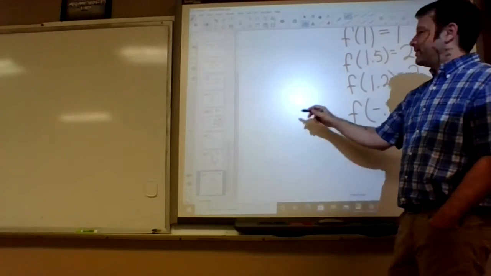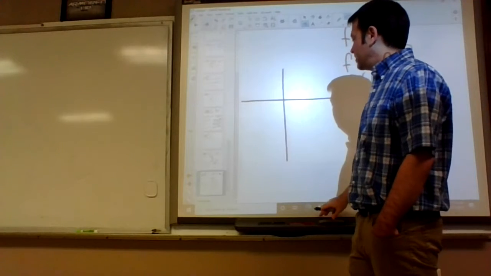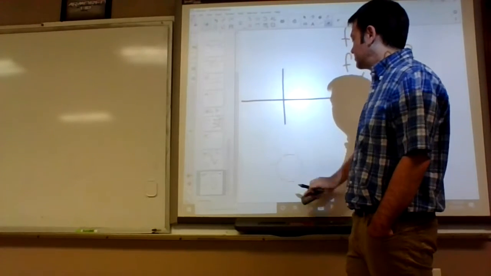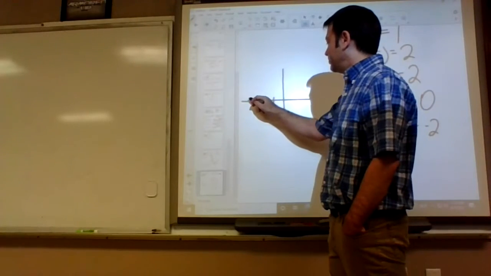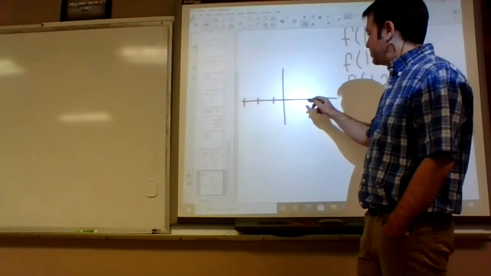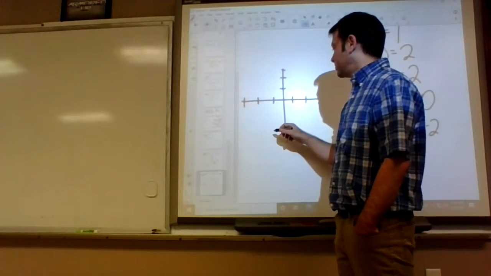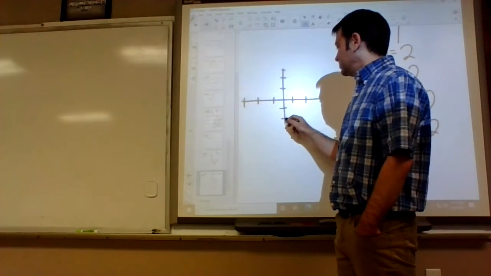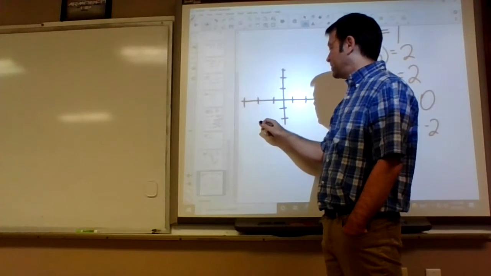What does the graph look like? Okay, let's make a small graph. If I plug in negative 2, I should get negative 2.